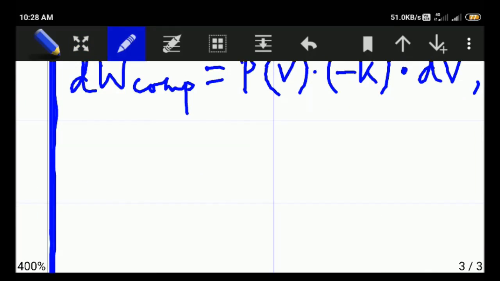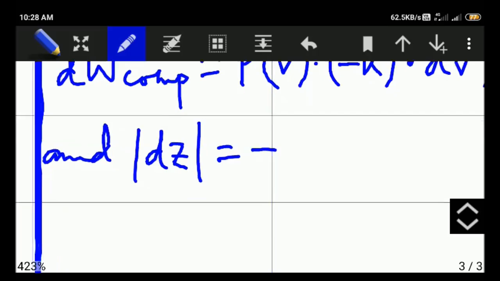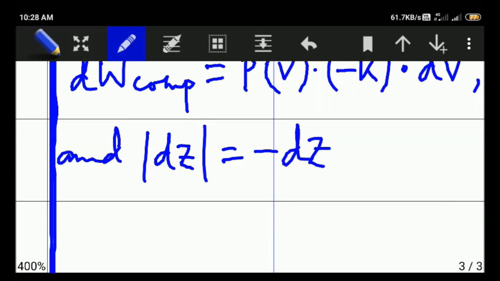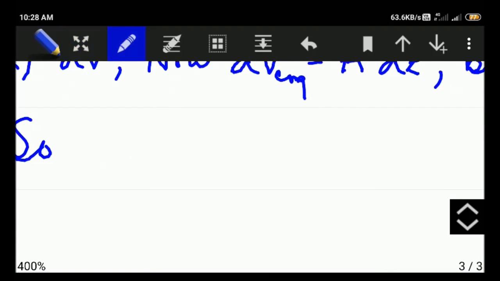So I can write vector dz equal to minus dz into minus k vector, that is actually dz into k vector.